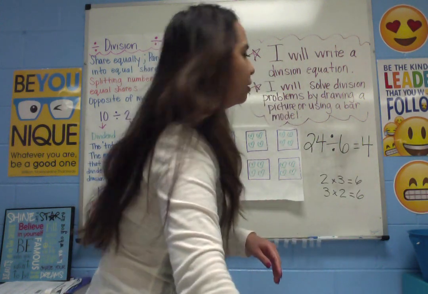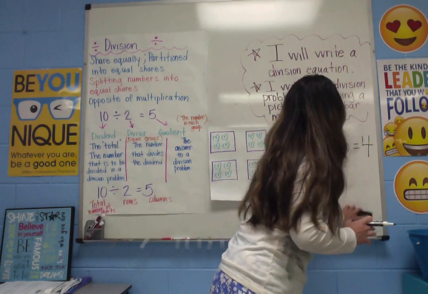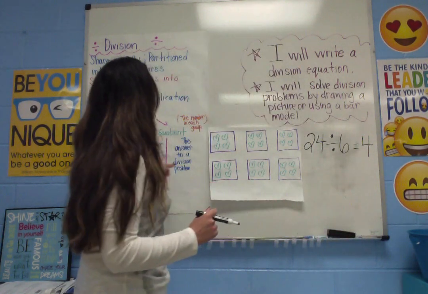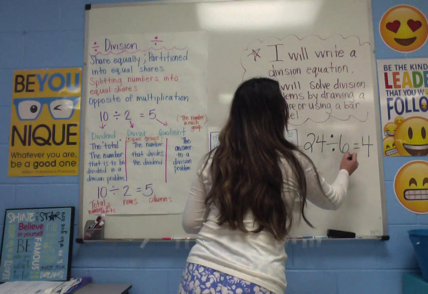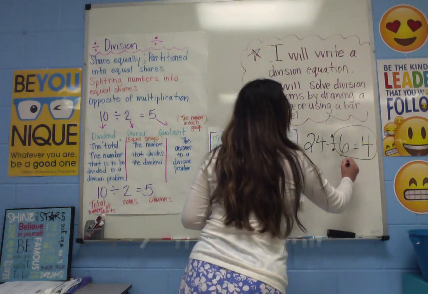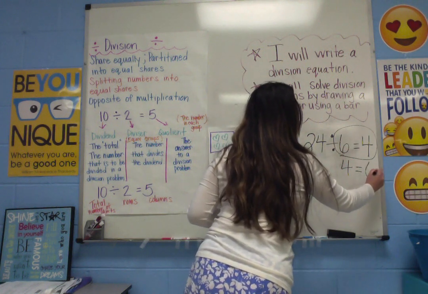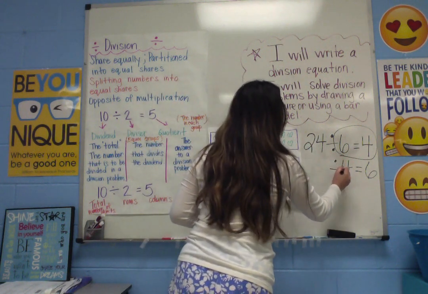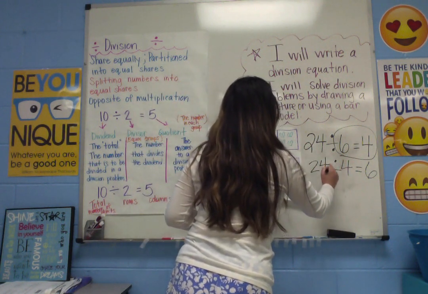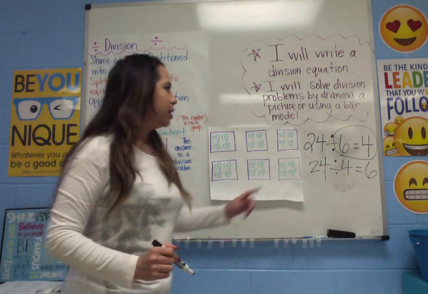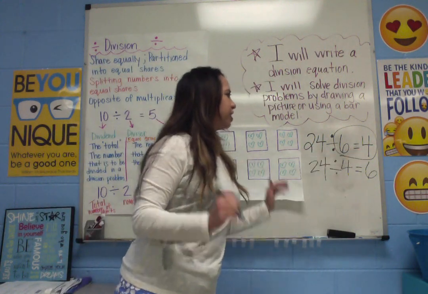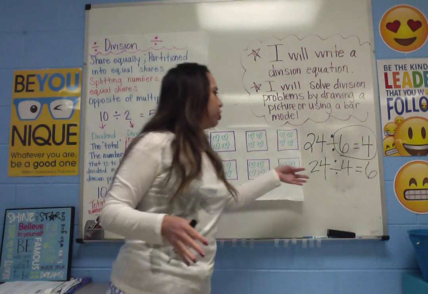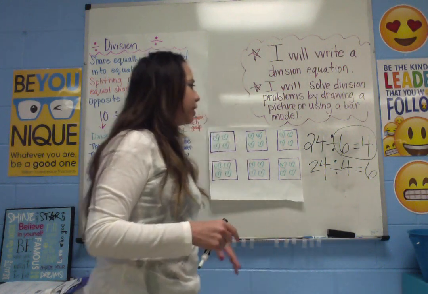In division, we can flip the divisor and the quotient. I'm flipping them, and you will still get the same total. 24 divided by 6 equals 4 is the same thing as saying 24 divided by 4 equals 6.